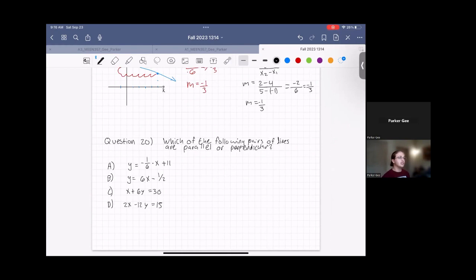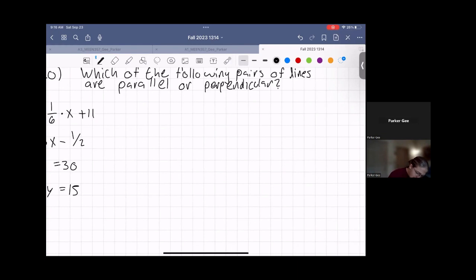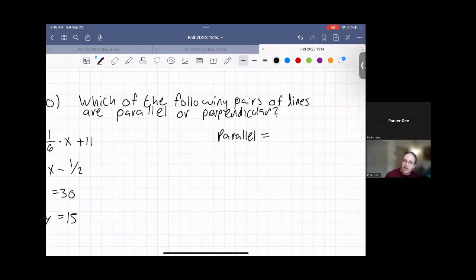Question 20 says, which of the following pairs of lines are parallel and perpendicular? Well, what does parallel and perpendicular mean? Parallel is two lines that have the same slope, but different x or y intercepts. What about perpendicular?